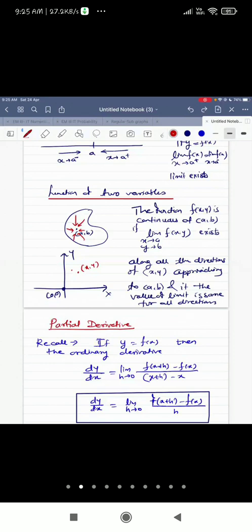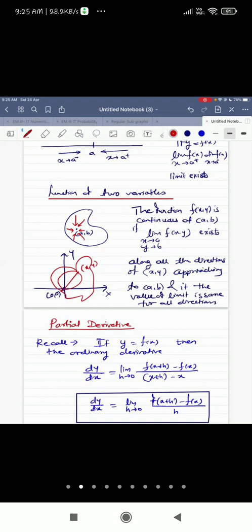Let me take a fixed point first. So this is your point x, y. It can tend to a, b in this direction along a straight line, or it can tend to 0, 0 along any other curved line also, isn't it? So x, y can tend to 0, 0 along this path, this path, and so on. So there are so many directions in which x, y can tend to a, b.